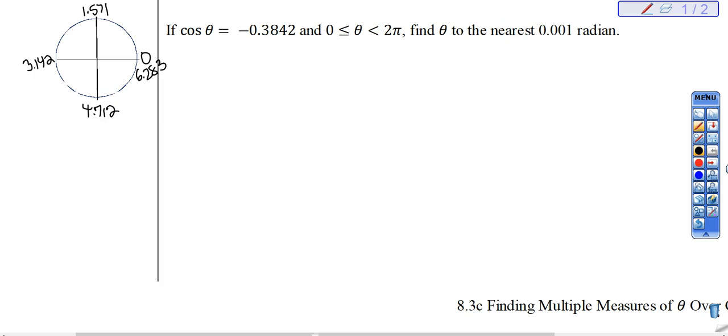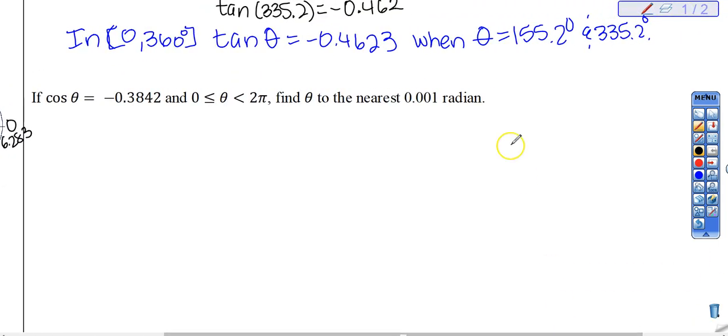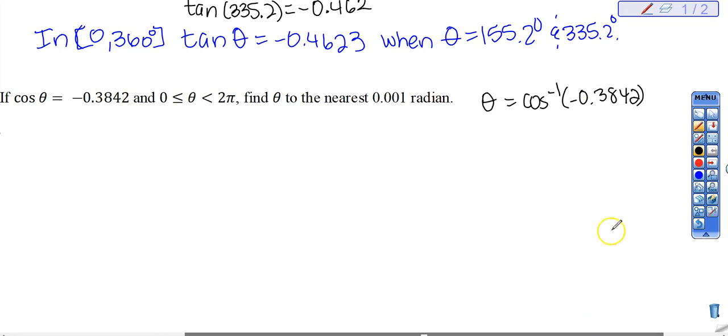Okay, so first let's find theta. So theta is equal to cosine inverse of negative 0.3842, which is equal to, what do you got? 1.965.